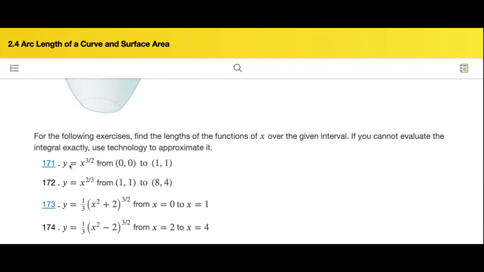So what is the derivative of y? That's 3 over 2 square root of x, right? Let's do it on the board. So x raised to 3 halves from 0, 0 to 1, 1. Let's go to the whiteboard.